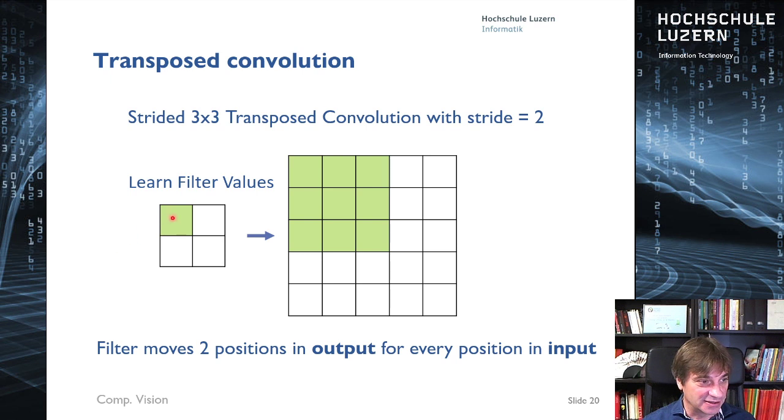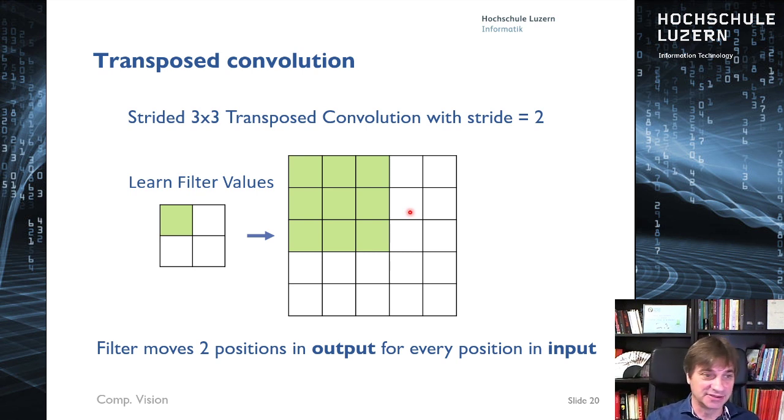So one by one pixel here will get replaced by the filter values of your 3x3 pixels here. So this green here does not indicate that it's just the value of this pixel here, but this is the result of learning the filter values for this transposed convolution. So the advantage here is that you can actually learn how to do this transposed convolution best, how it works best. And then every position that you move here, you will move 2 pixels in the output so that you get a larger image.